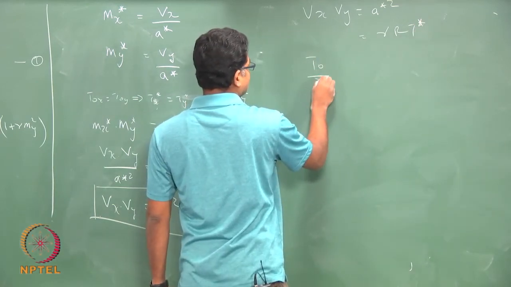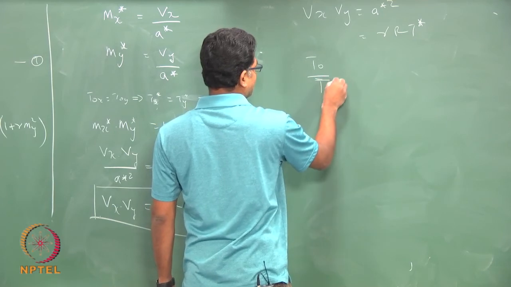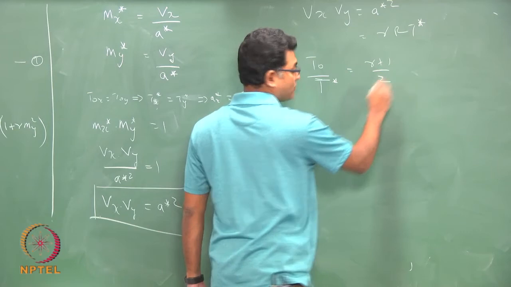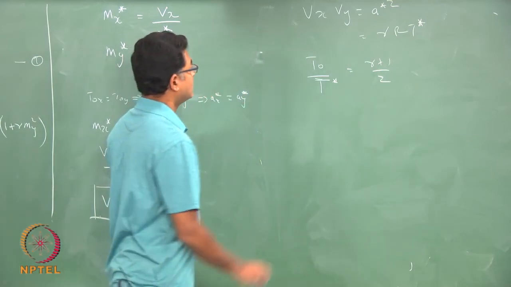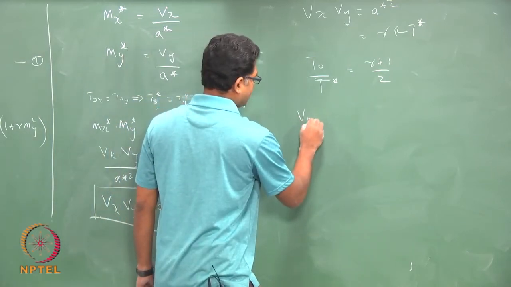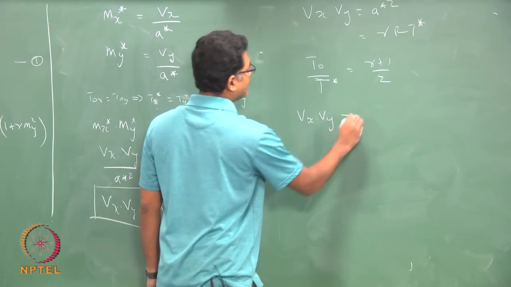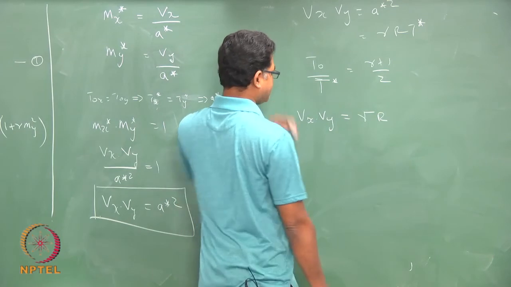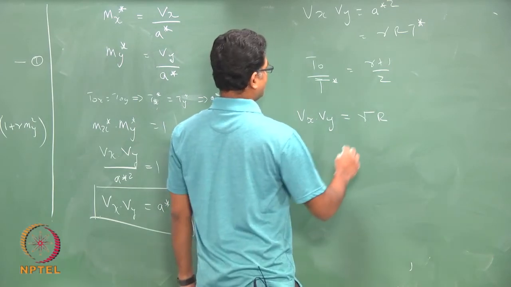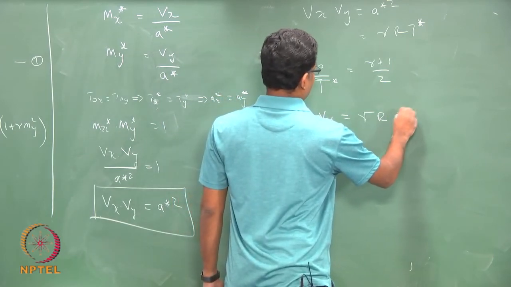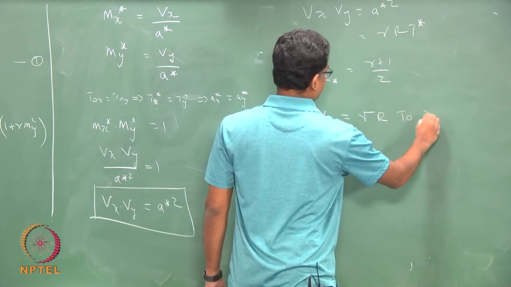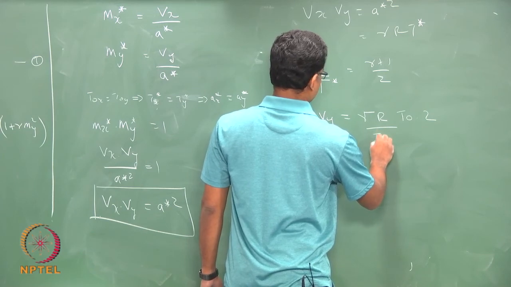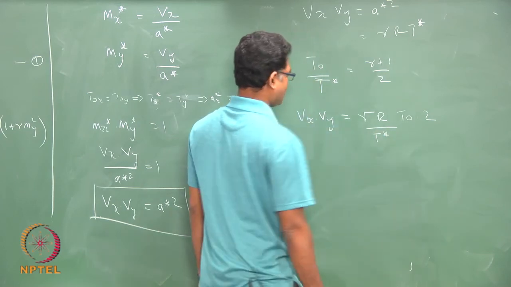Now you also know T stagnation by T star equals gamma plus 1 by 2. So I can rewrite this equation Vx into Vy as gamma R T0 into 2 divided by gamma plus 1.